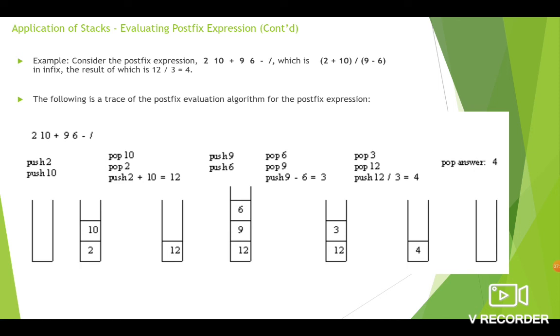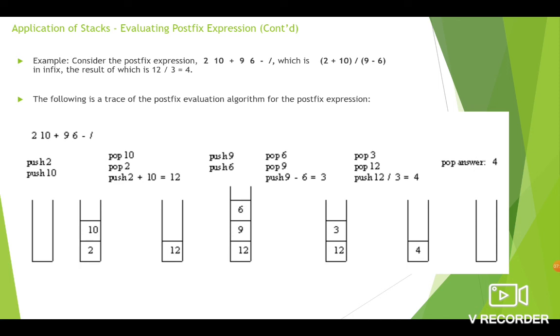It is again pushed onto the stack. The next symbol is slash. Since it is an operator, you perform two pop operations. We get the operands 12 and 3, and you apply the operator. So we get the result 4. So 4 is pushed onto the stack.